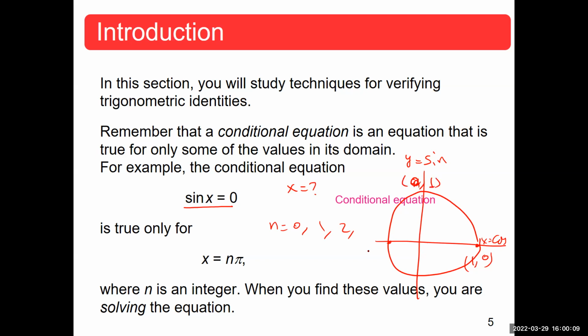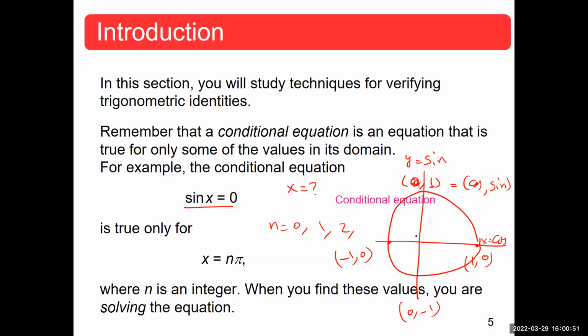This point here is negative 1 comma 0. And here is 0 comma negative 1. So remember, the coordinate is cosine comma sine. So always the first number is the cosine, and the second number is the sine, okay?